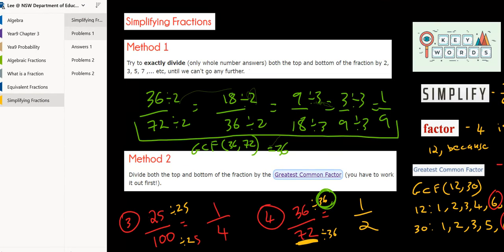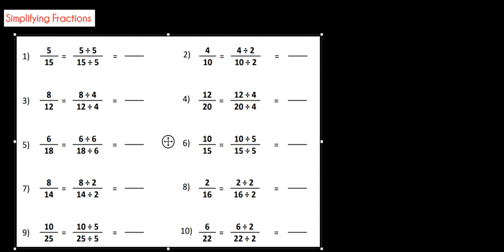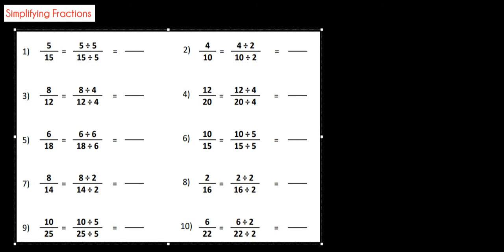I'm going to give you some problems to do, and you already have the greatest common factor here. Let's give you an example. We found the greatest common factor of 5 and 15. It is 5, so we just needed to divide. 5 divided by 5 is 1, 15 divided by 5 is 3.